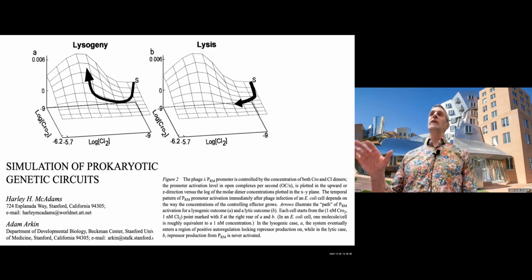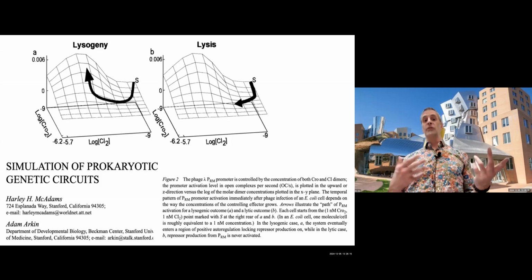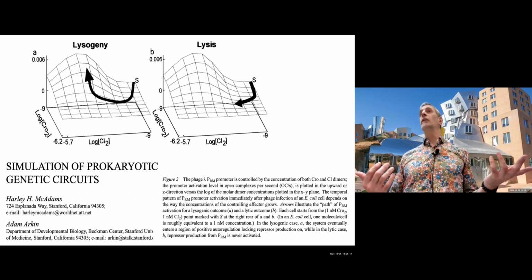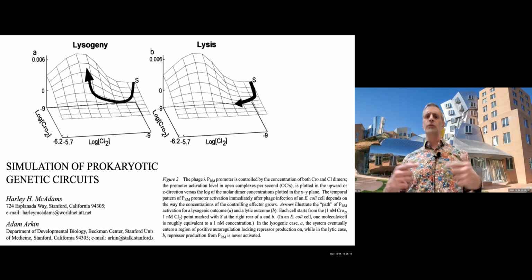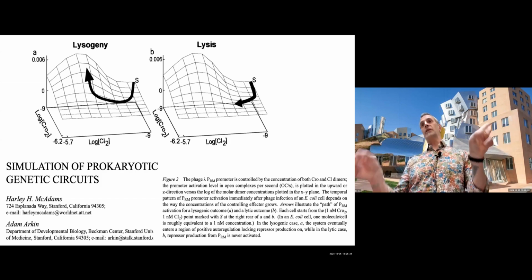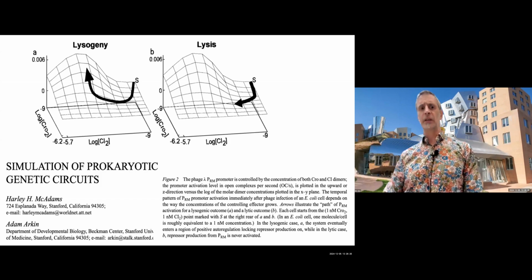And you can see from different starting points on this landscape, and here the landscape is simplified, it's the amount of two different proteins in the cell that, I think, basically repress each other. And one goes towards replicating the virus, the other goes towards integrating in the genome.